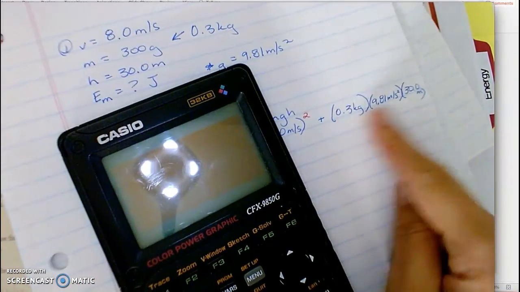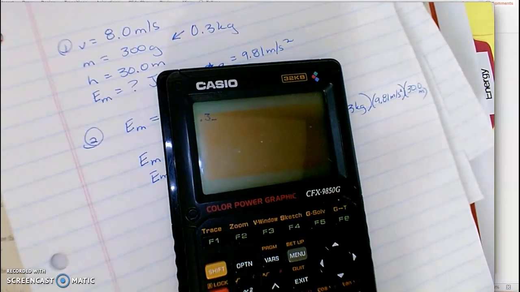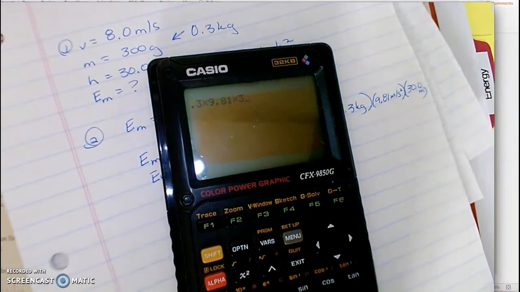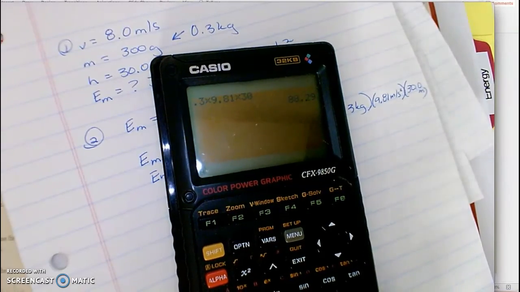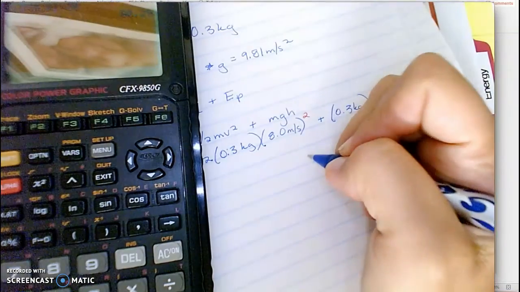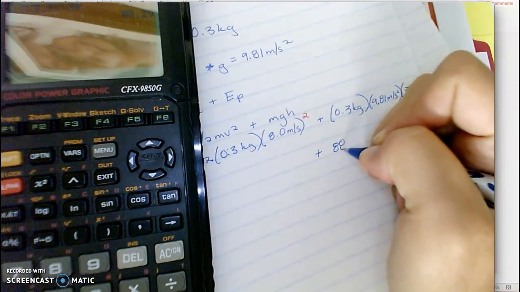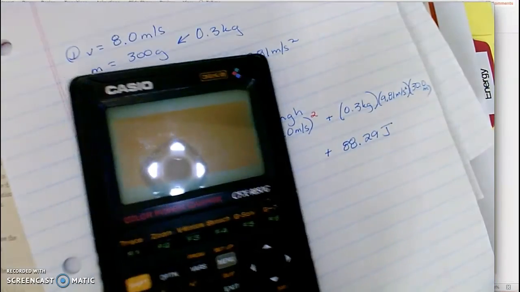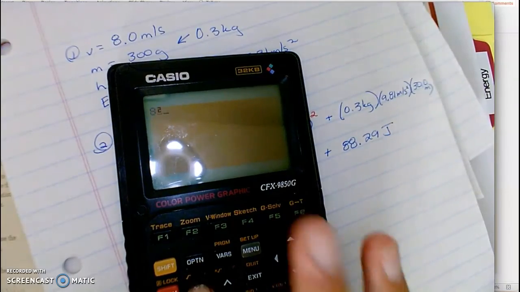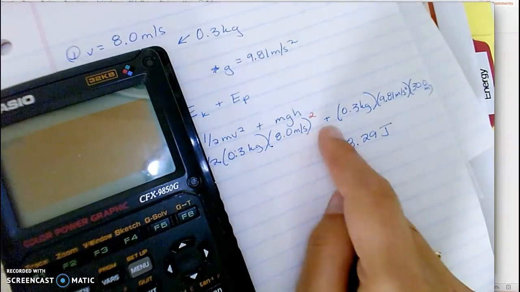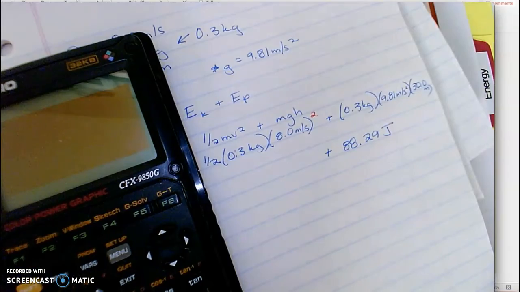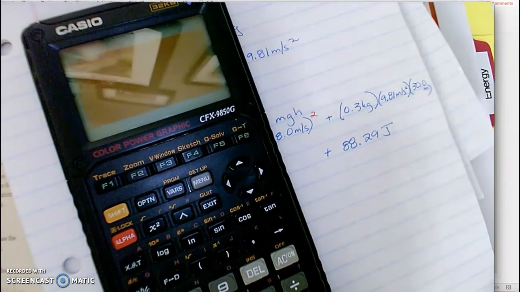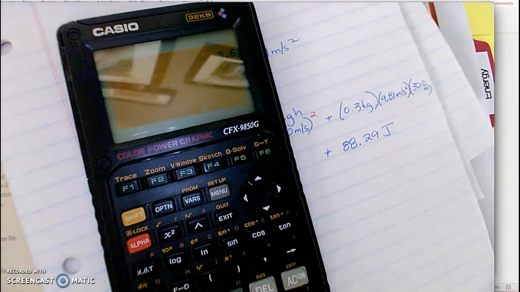Let's do this one first this time, because that's what I feel like doing, and it doesn't matter. 88.29. I did 8 squared times 0.3 times 0.5. 9.6.